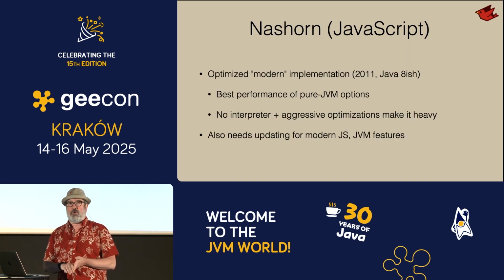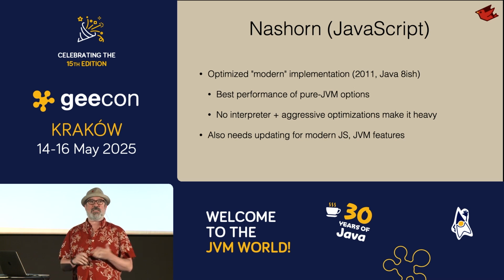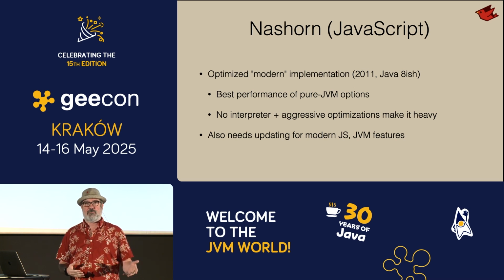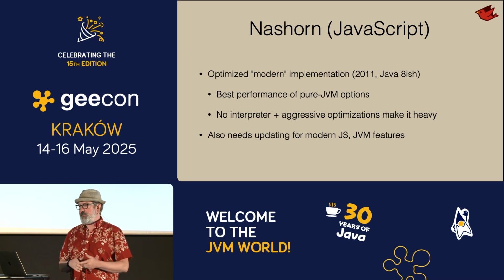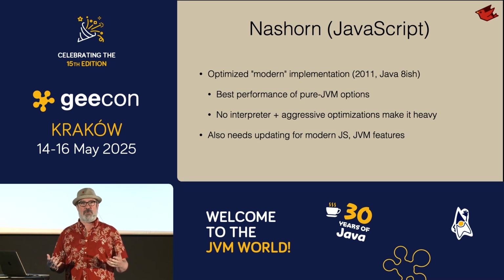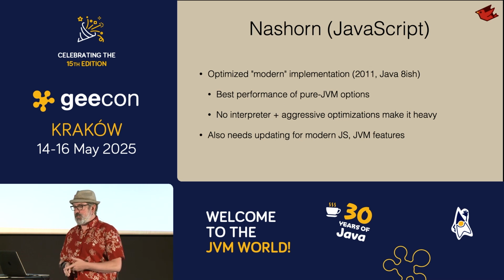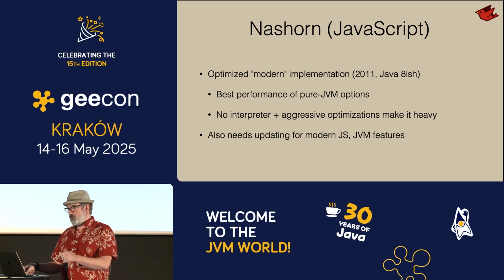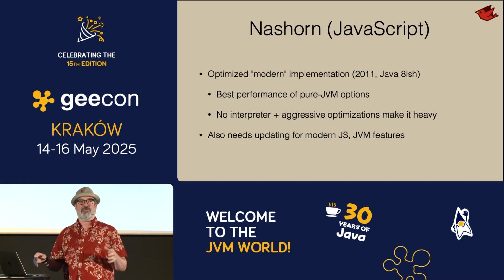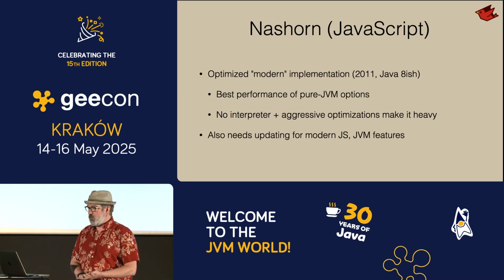On the other side of the coin, we have Nashorn, which is designed with modern JVM features in mind. This came along around 2011, kind of Java 8-ish as far as modern JVM features. Heavy use of InvokeDynamic, aggressive optimizations. This is probably the best performing JavaScript of any of the pure JVM options that are available.